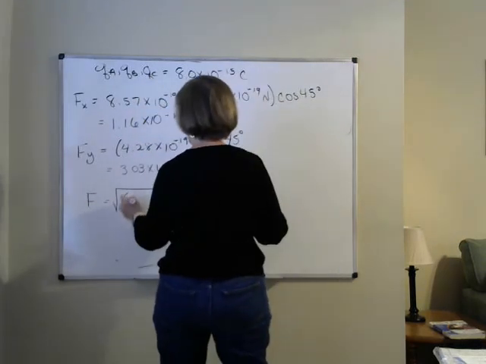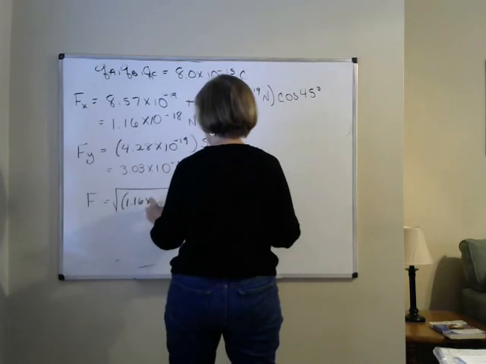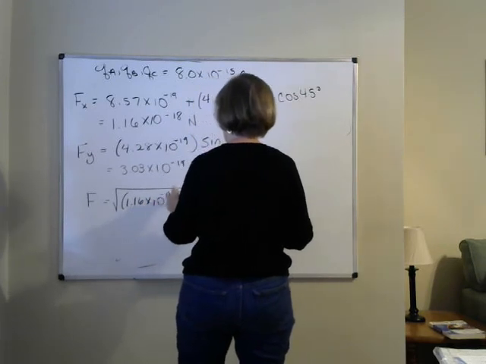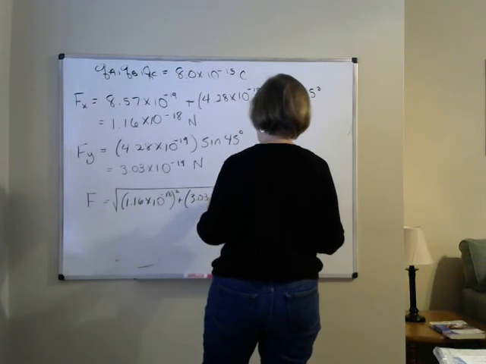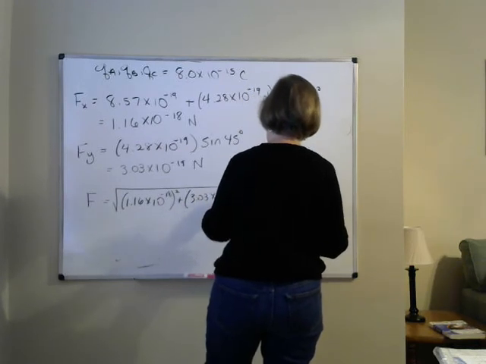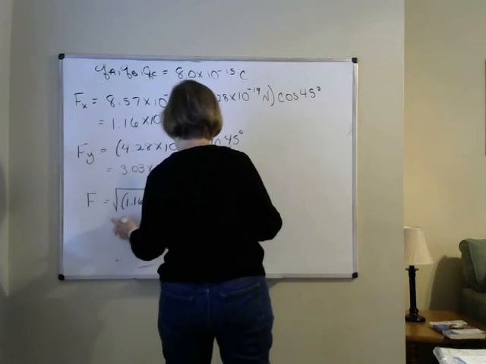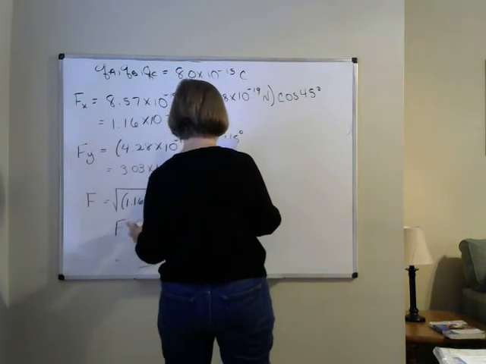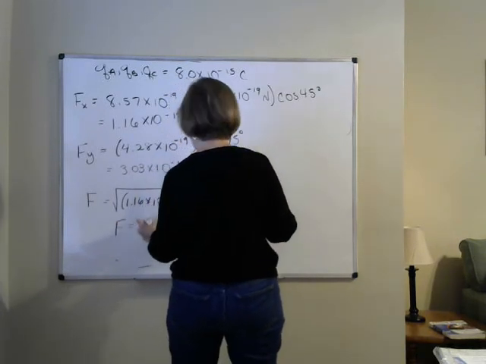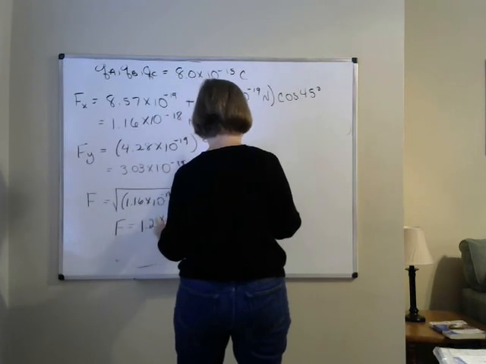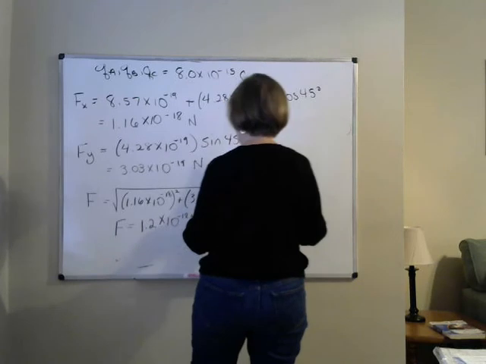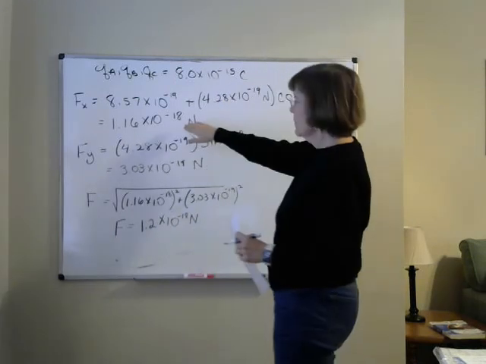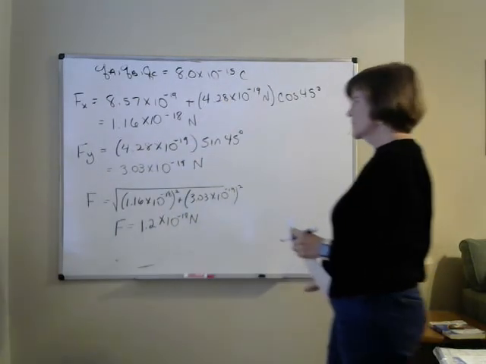So I have to square 1.16 plus 3.03, and the magnitude of the force is 1.2 times 10 to the negative 18 newtons. So a little bigger than just A on B, which we would expect.